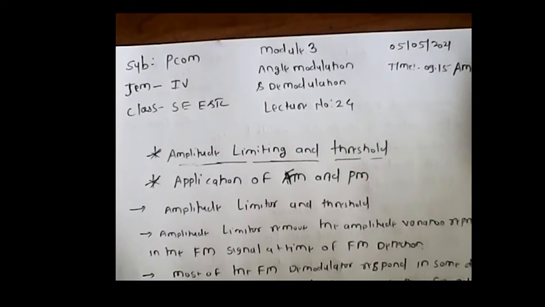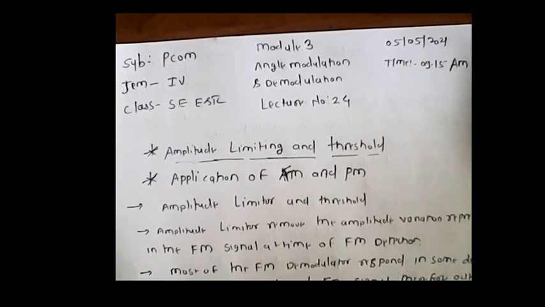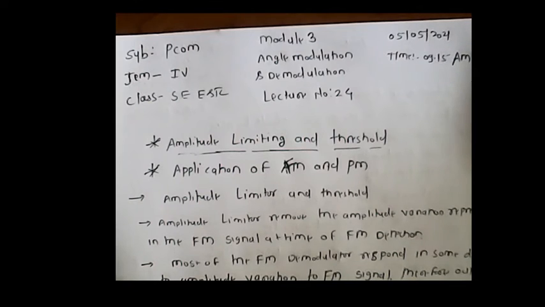So how can we stop this variation in amplitude of the FM modulated signal, and remove the noise before it is given to the FM demodulator circuit? There is an answer for this: the amplitude limiter or thresholder.